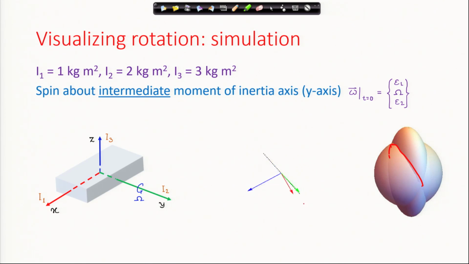You can always see that this is the direction of the angular momentum. When it goes to the other side also, the spin is this way. When this comes back again, you will again notice that the spin is counterclockwise as seen from the front.